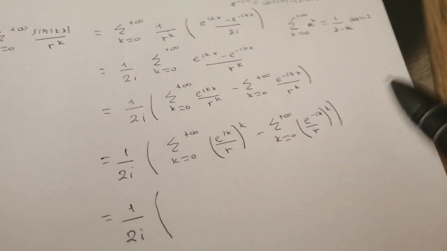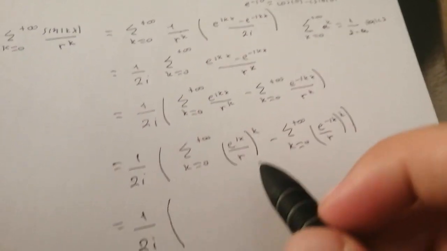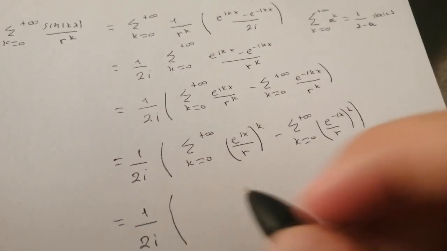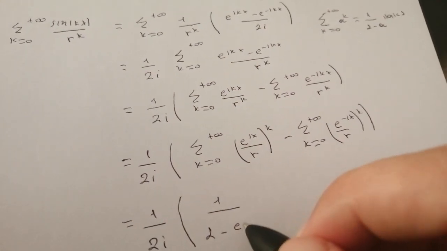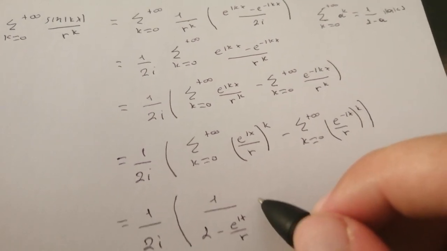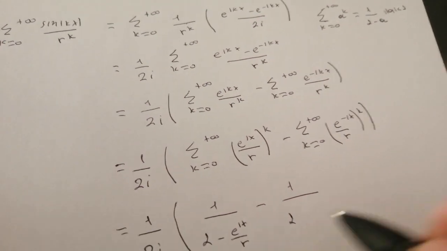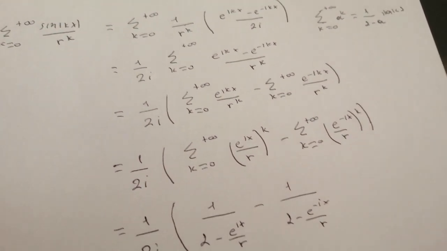So we can exploit this property here, and we can write this sum in a closed form like this. So it is 1 over 1 minus e to the power of ix over r, and here minus 1 over 1 minus e to the power of minus ix over r.